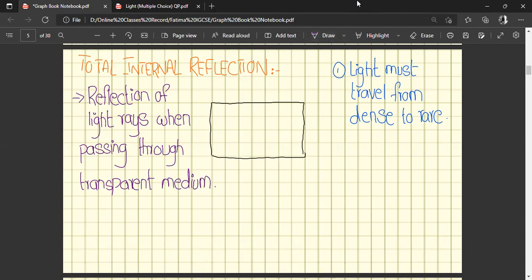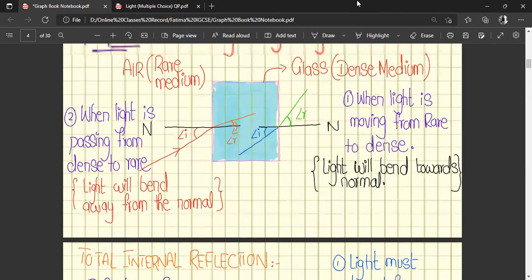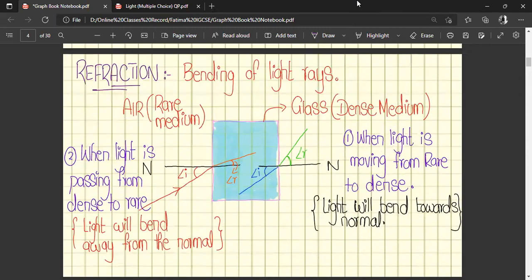Normally in a transparent medium, we already discussed that light can bend away from the normal or towards the normal in two other conditions. But when light passes from dense to rare, light bends away from the normal.